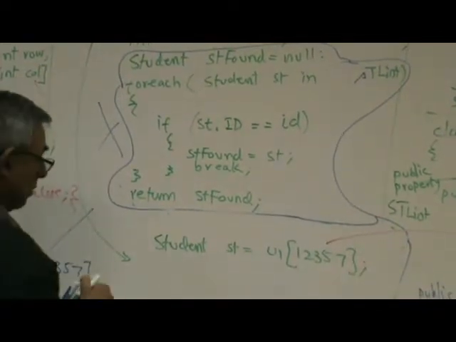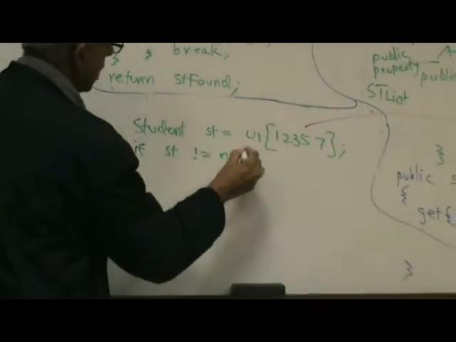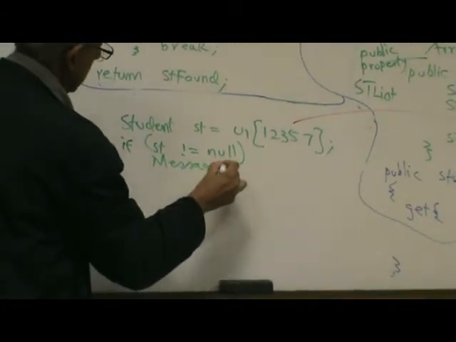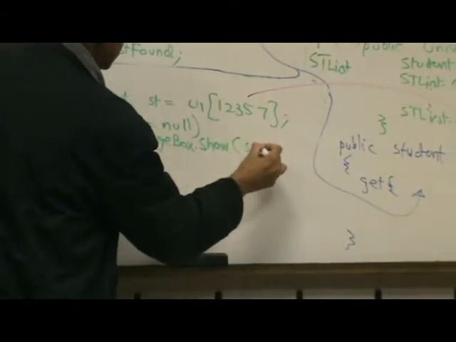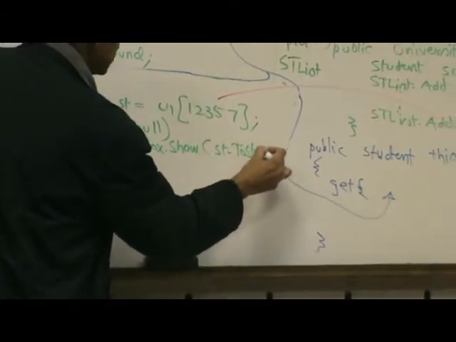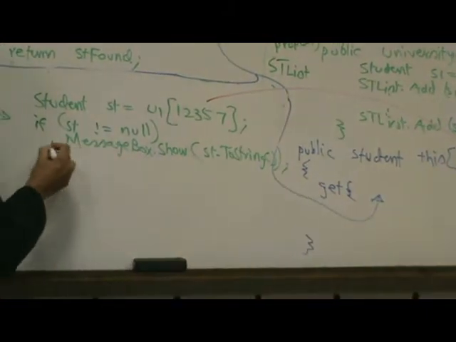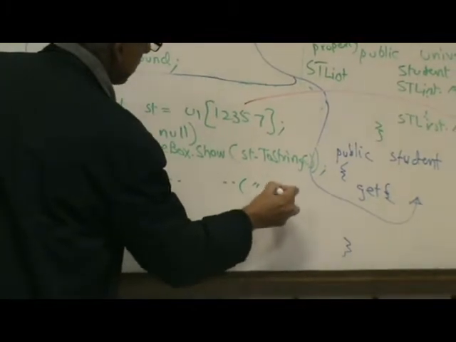So then all you have to do is simply say if st not equal to null, then MessageBox.Show st.ToString, otherwise not found, right? Yes. Else MessageBox.Show not found.